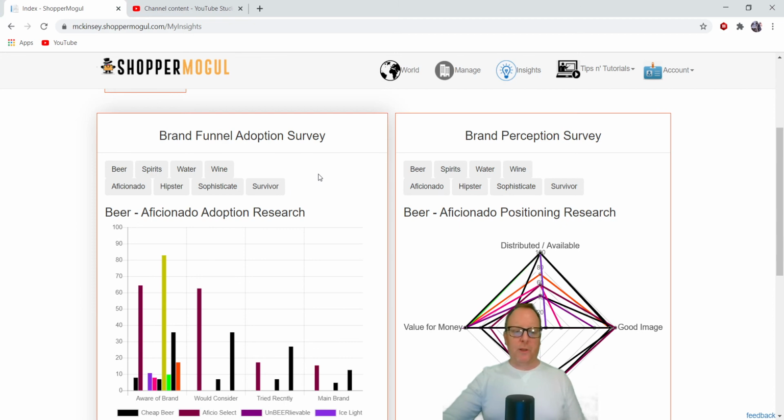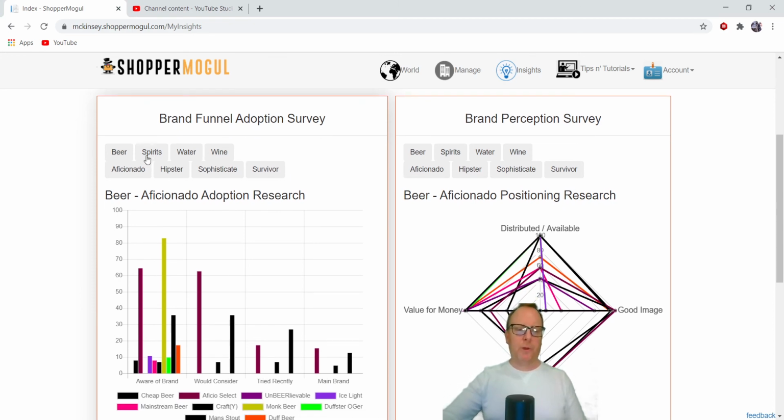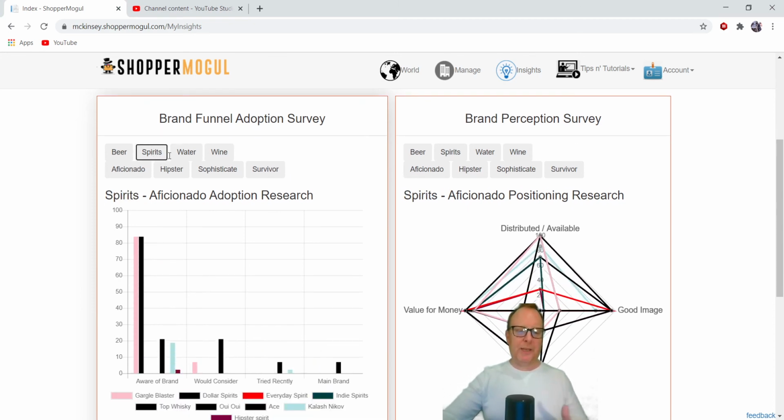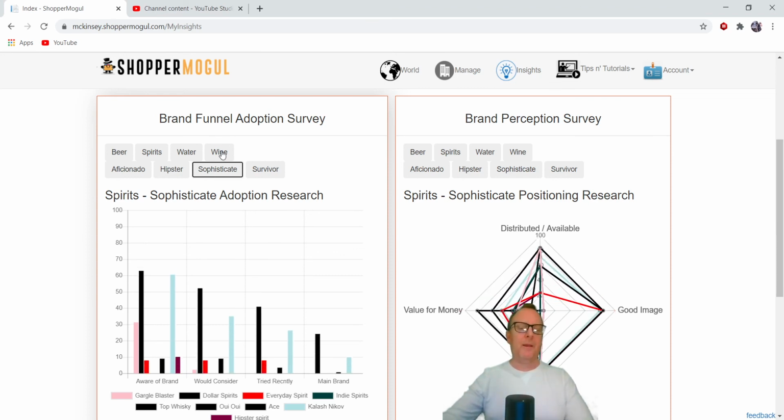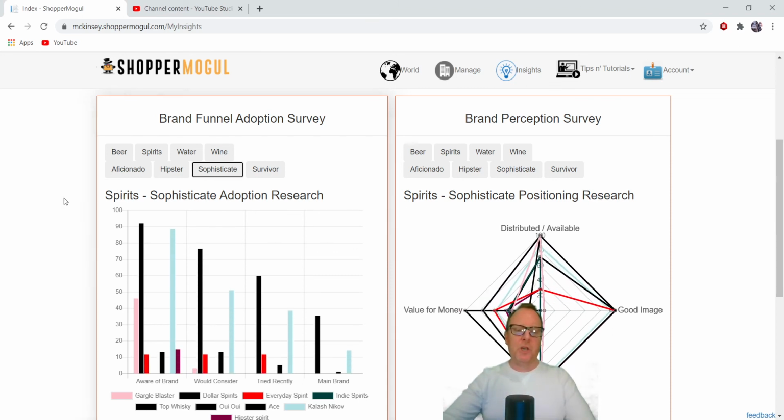So if I want to look at the brand strength of different spirits brands, I can see that broken out separately to water and wine brands. I can also dive in and just look at certain consumer types. So the category, it's important. It's a different group of people, but it's also a different way of dividing up the data, of looking at the charts that you have available to you.